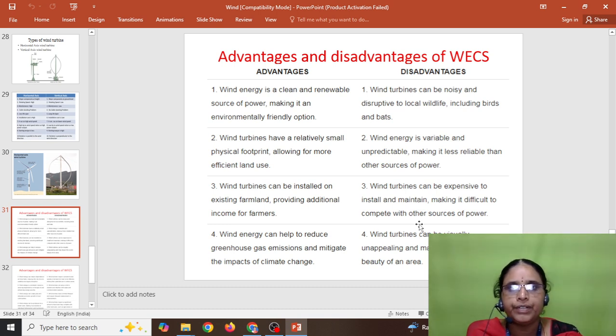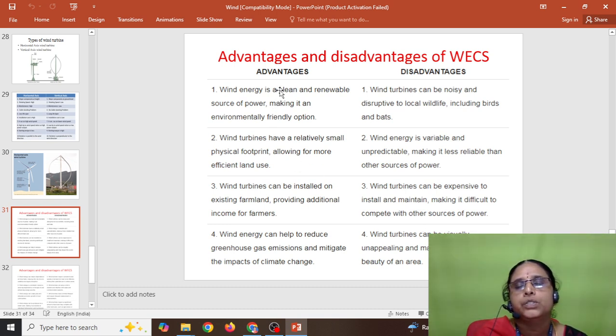Finally, we will see the advantages and disadvantages of wind energy conversion system. First we will see the advantages. As we know, wind energy is clean and one of the renewable energies, and wind turbines have a small footprint, that is carbon footprint is less; they produce no carbon dioxide.